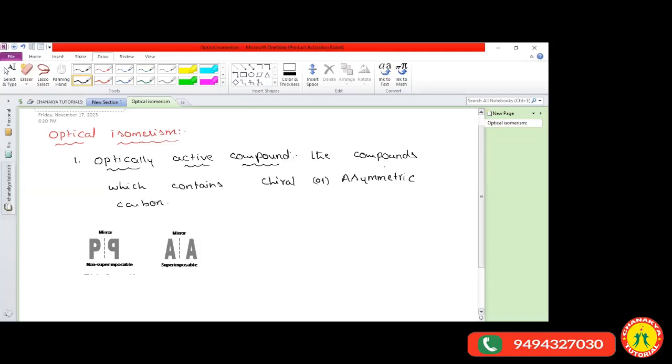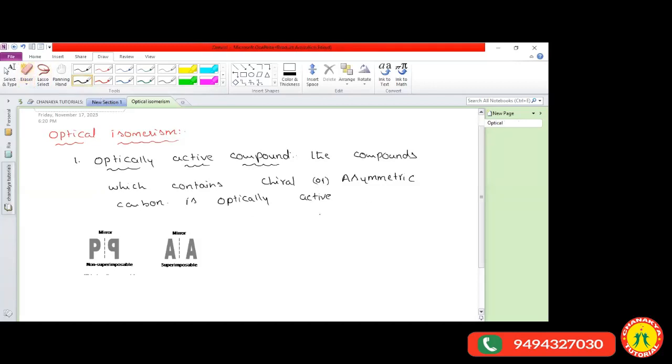The compounds which contain chiral carbon or asymmetric carbons are called optically active compounds. So it's called optically active compounds. So what is meant by chiral?